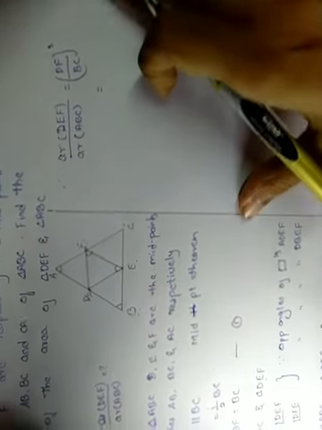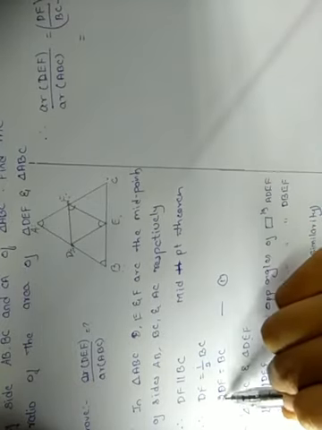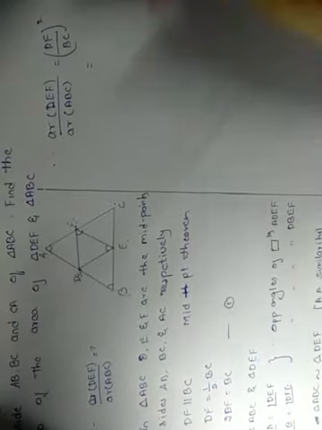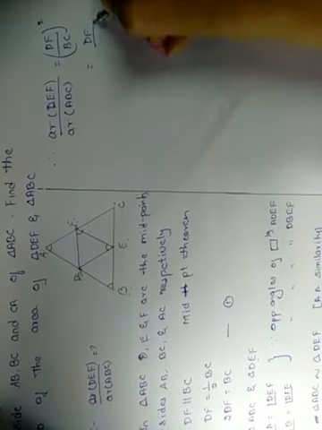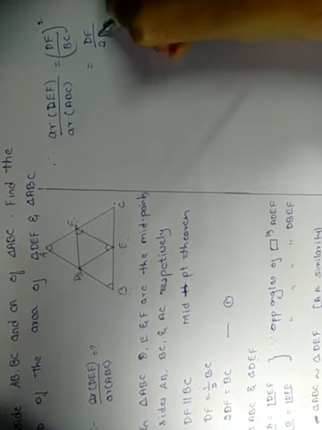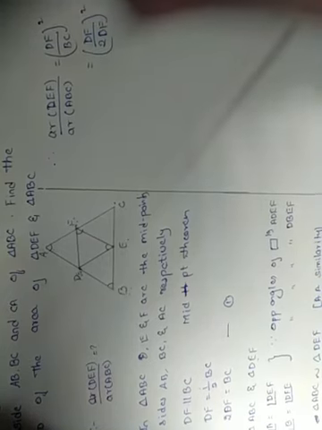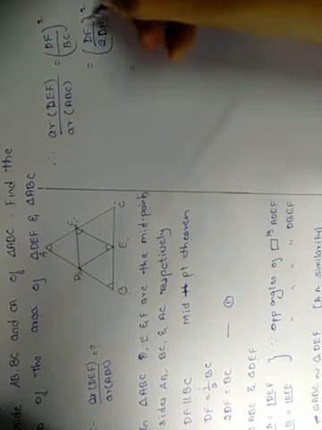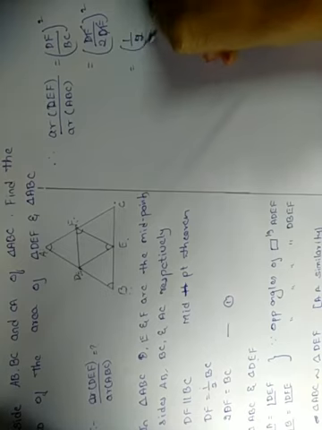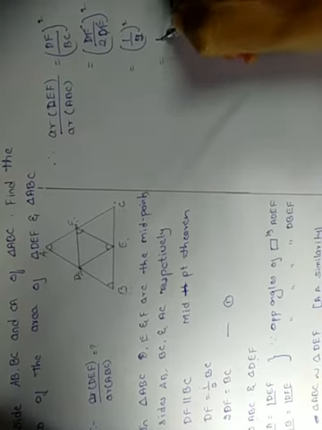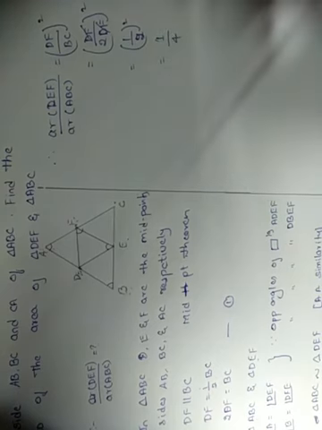Now you can observe that here I got the BC value as 2 times DF, right? So I am going to substitute it here. DF divided by 2 times DF only, then whole square. DF gets cancelled, so 1 divided by 2 whole square is equal to 1 squared is 1, 2 squared is 4, right?